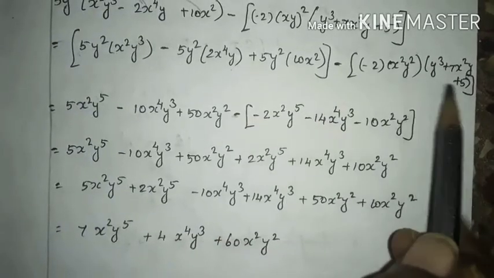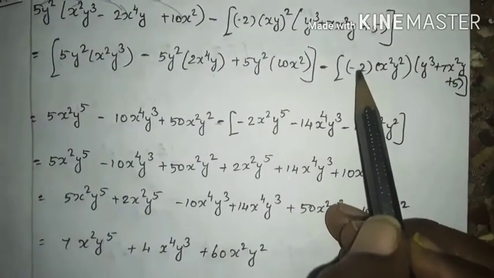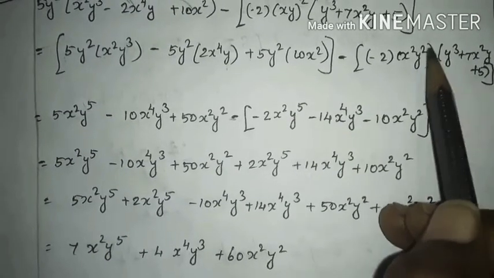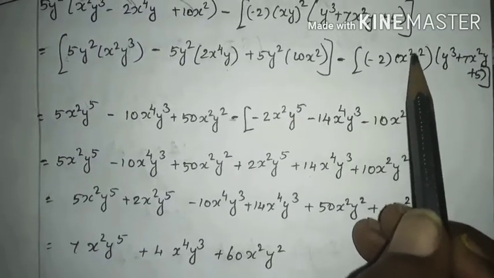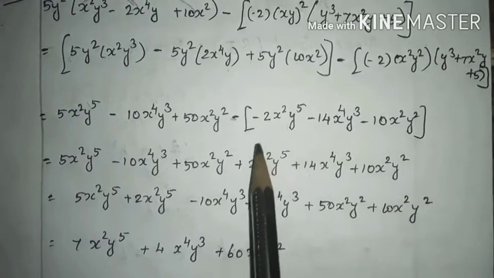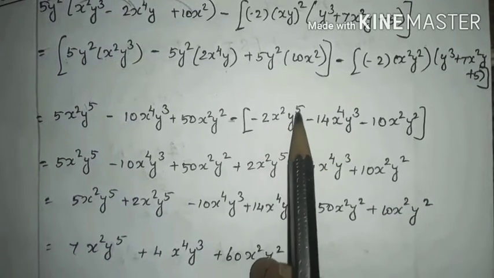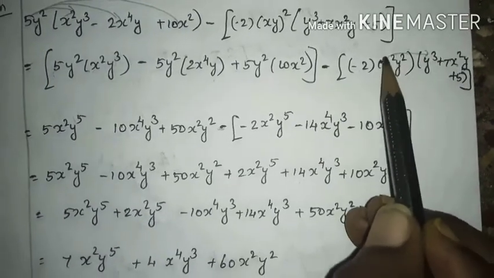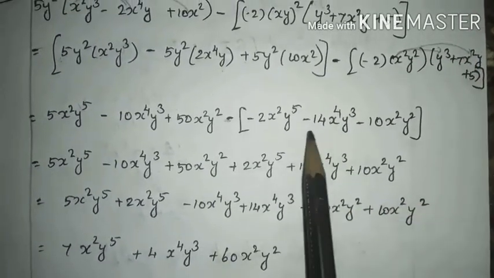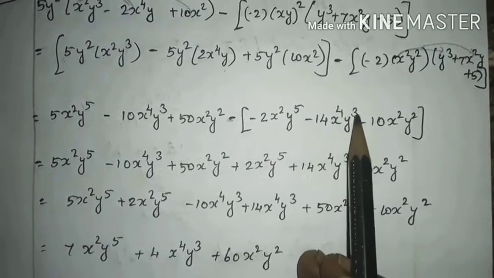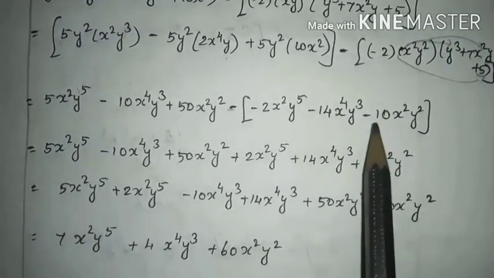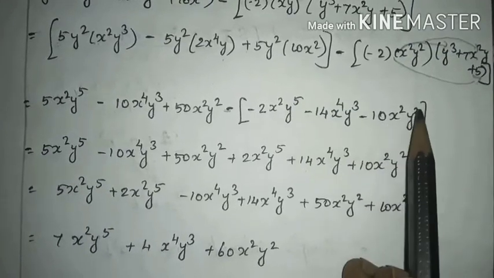Minus of, now here we are going to write this minus 2 x square y square multiplied with all the three terms inside the brackets, that is minus 2 x square y square into y cube we get minus 2 x square y power 5, then minus 2 x square y square with 7x square y we get minus 14x power 4 y cube. Same way minus 2x square y square with plus 5 we get minus 10x square y square.